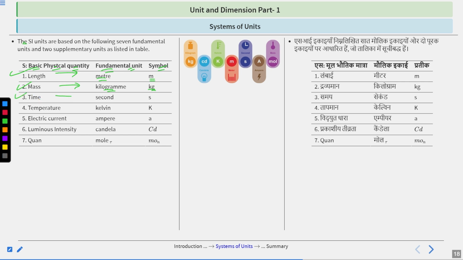Time, fundamental unit second, small s. Temperature, fundamental unit Kelvin, capital K. Electric current, fundamental unit ampere, small a. Luminous intensity, fundamental unit candela, capital C and small d. Amount of substance, fundamental unit mole, symbol is mol.